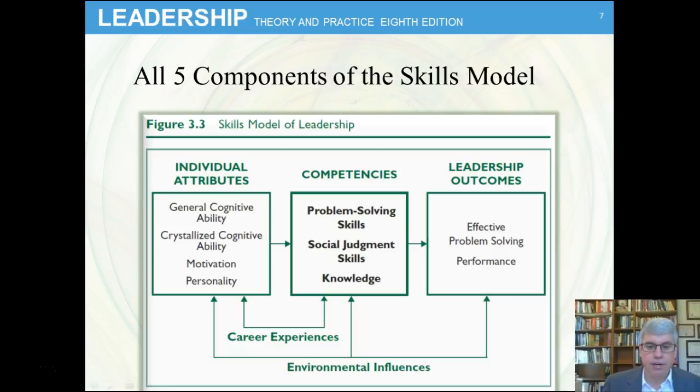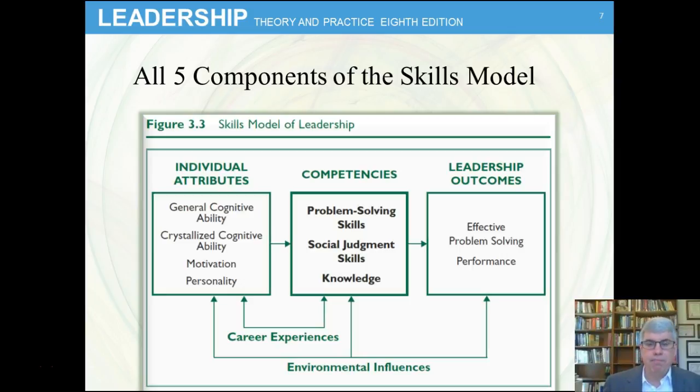Now, what do career experiences mean? That means the work that you've already done. And that work that you've already done influences your motivation, it influences your behavioral tendencies, it basically teaches you and makes you who you are. But it also gives you experience so that, aha, I know how to solve this type of problem because I've struggled with it before.